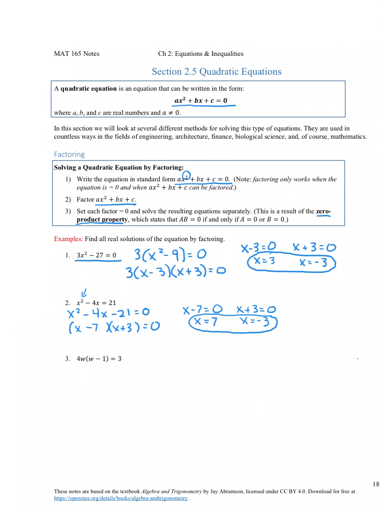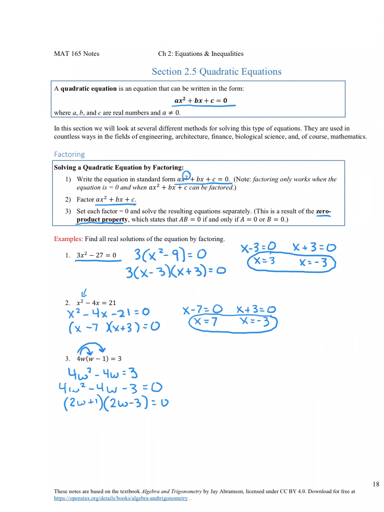Moving on to number 3, once again, we do not have standard form. I want to start out by distributing this 4w. And I still don't have standard form because remember, in order to have standard form, my equation must equal 0. So I am going to subtract 3 from both sides to get this equal to 0. And from here, we'll go ahead and factor.